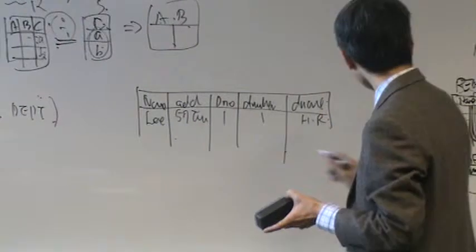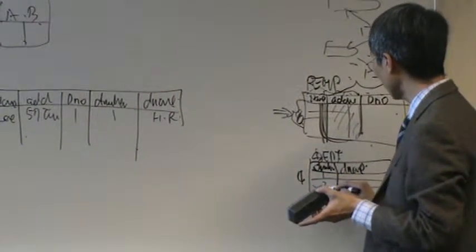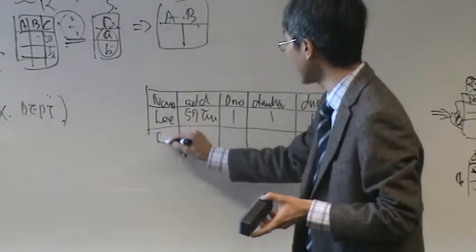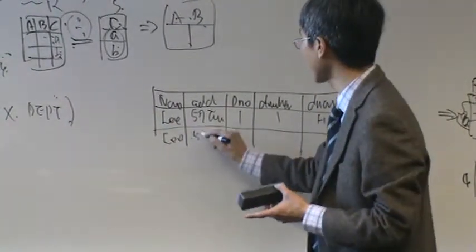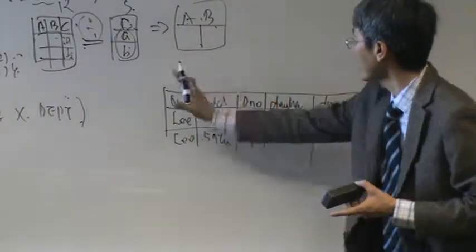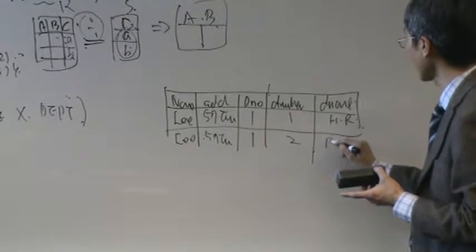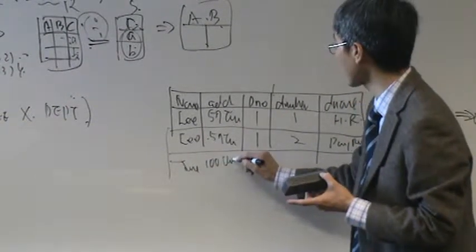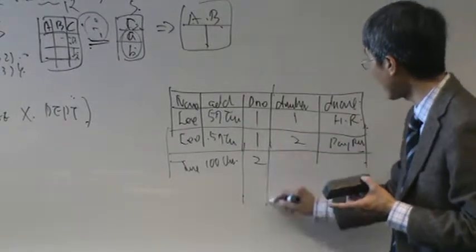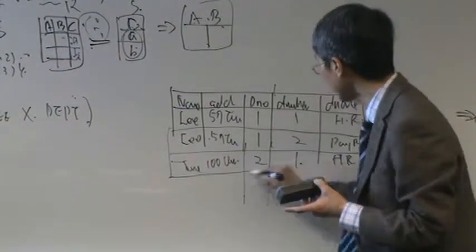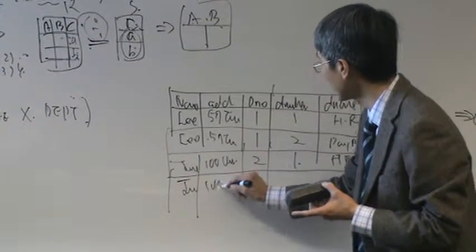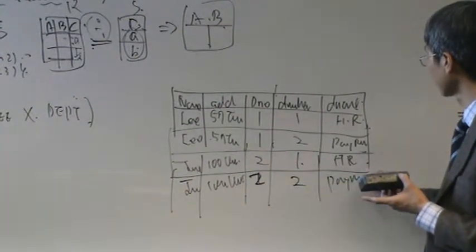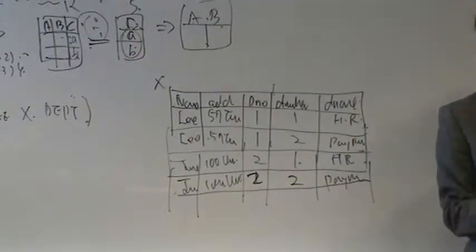Then also if we have 2 departments, 1 and 2, HR and payroll, another one is Lee, because it's all combination. Lee, same address, and DNO is 1, with department 2 payroll. We have James. James is 100 University Avenue. Department number is 2. First 1 and HR. And also James, 100 University Avenue, and 2 payroll. So this is the output of the Cartesian product, all combinations.